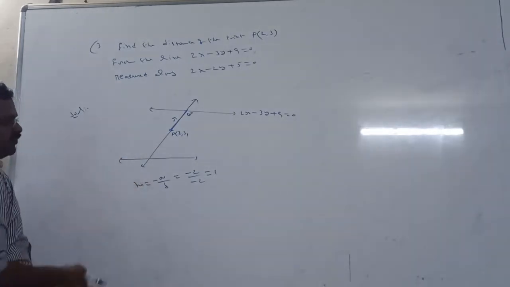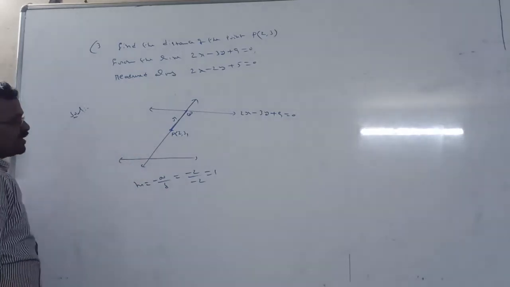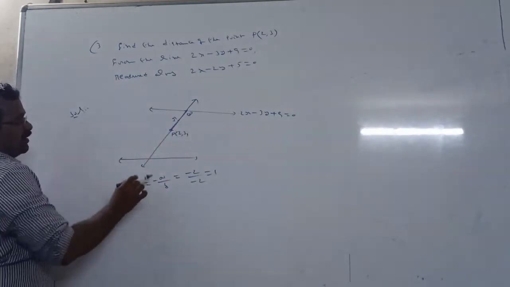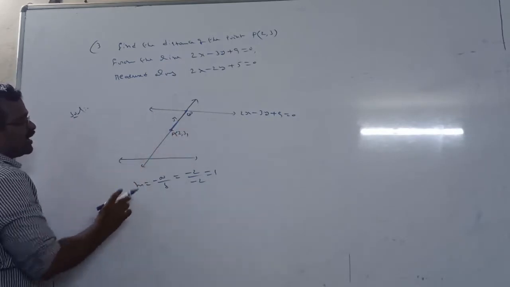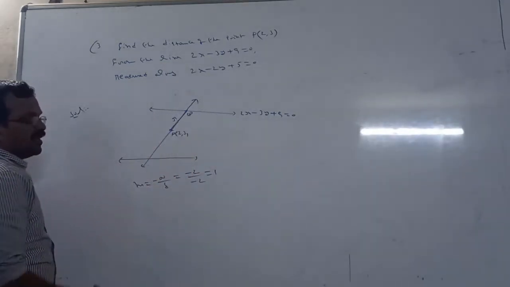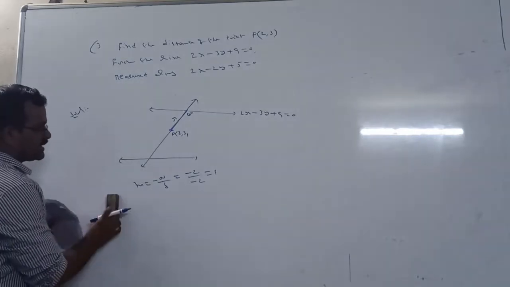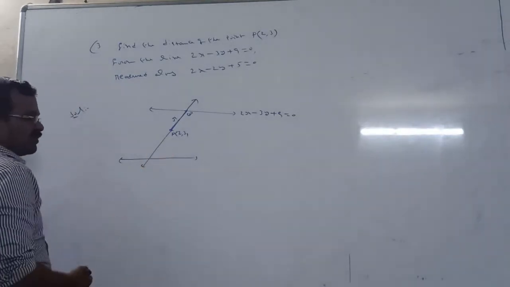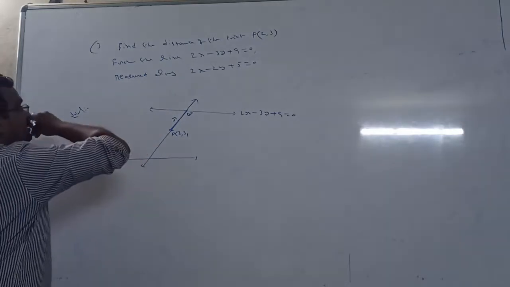By using the parametric equation concept, first you find the point, and substitute it here, you get the r value. Otherwise, from an objective point of view, we have a direct formula for this value.